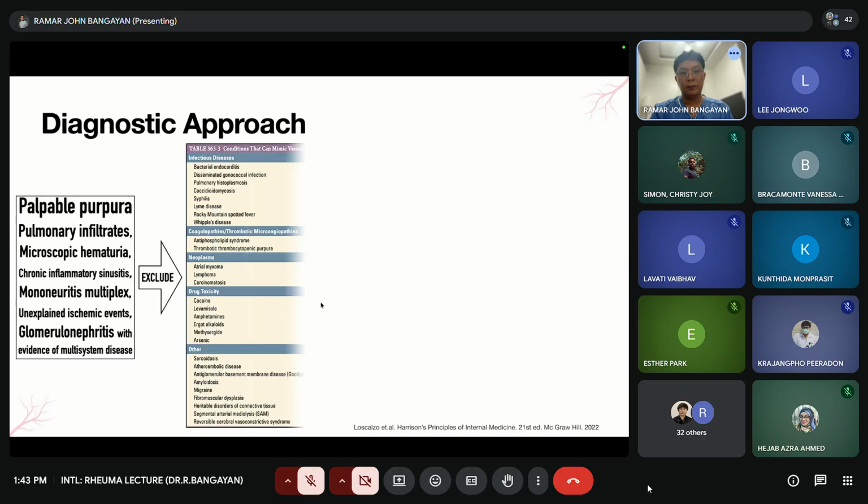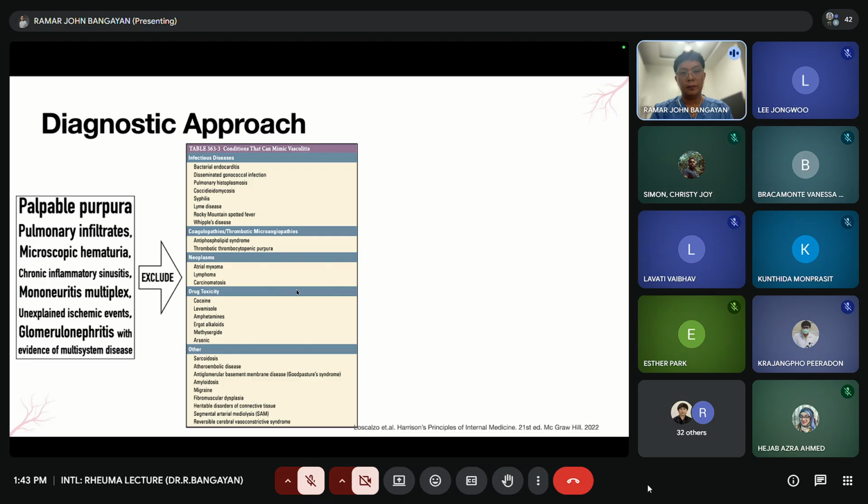And then, once you are presented with these conditions, you rule out these conditions also, because these are the other causes of your palpable purpura or multi-system diseases.